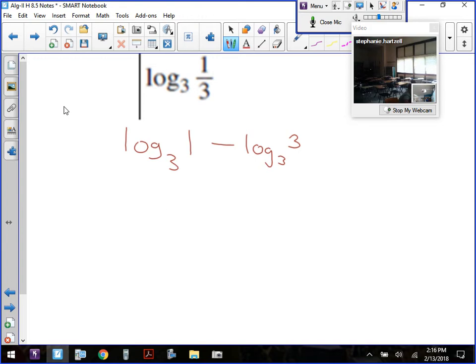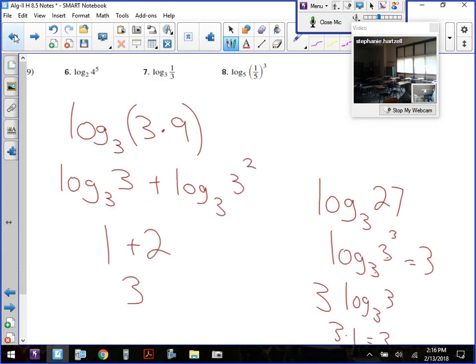Well, according to my properties, log base b of 1 is 0, and log base 3 of 3 is 1, so what is 0 minus 1? Now, isn't 1/3 as a base 3 the same thing as 3 to the negative 1? It's the same thing, isn't it? Coincidence, right?